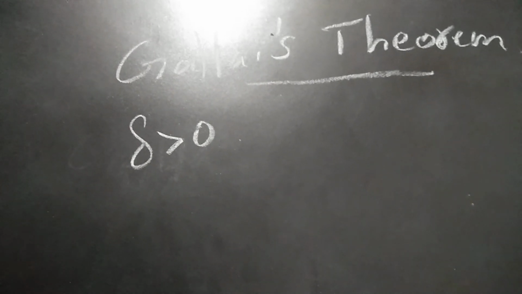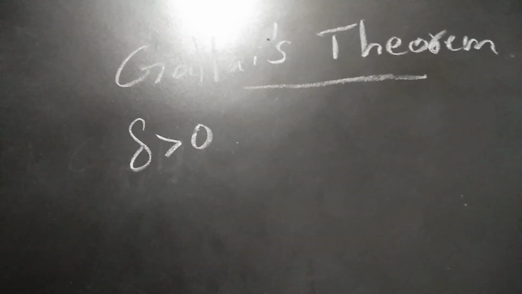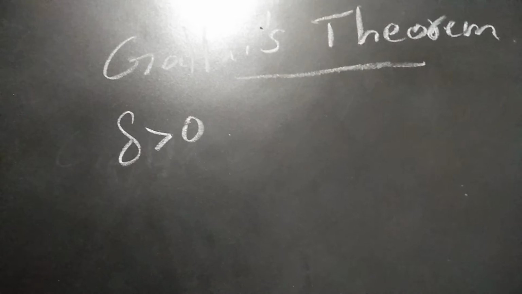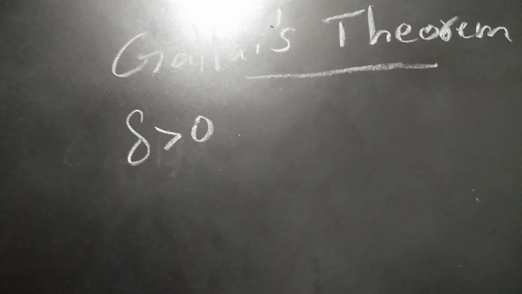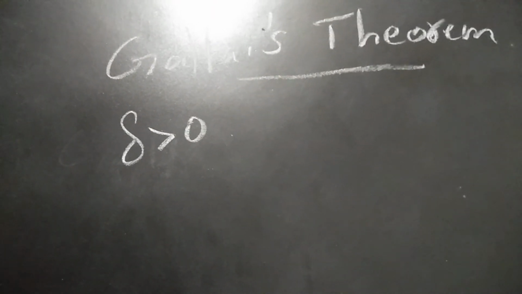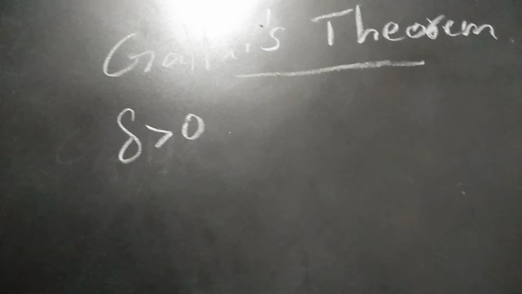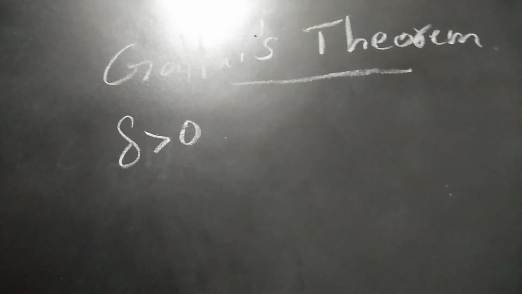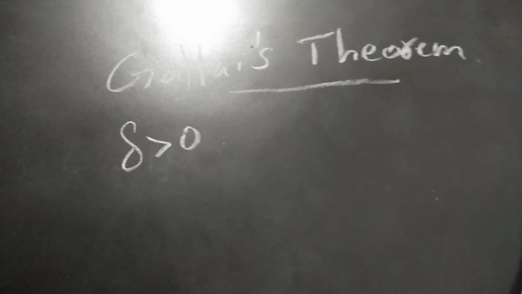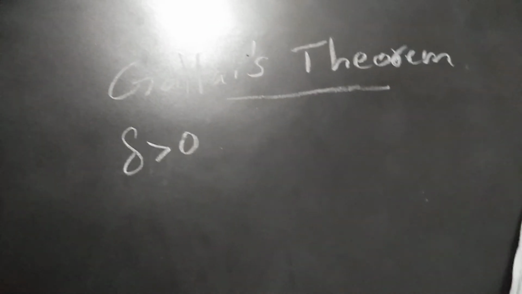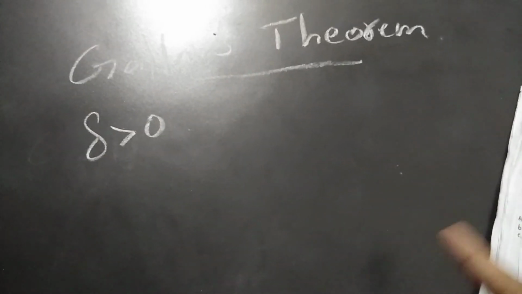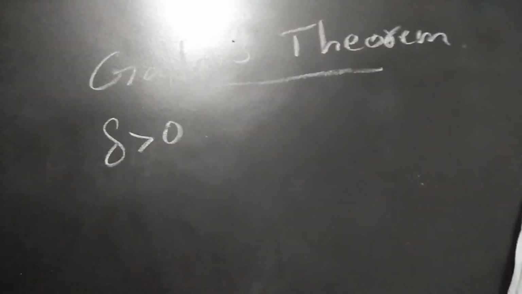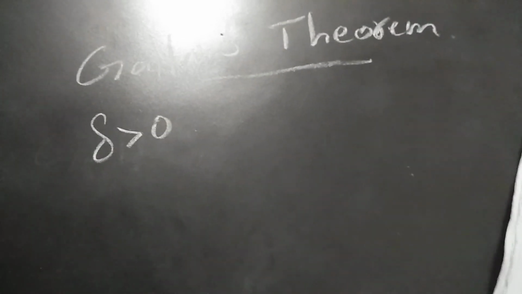That is, every vertex should have degree. It means some edges, 1 or 2 or 3 or anything greater than 0, should be incident on each vertex of the graph you are going to consider to prove this theorem. That is what delta greater than 0 means.